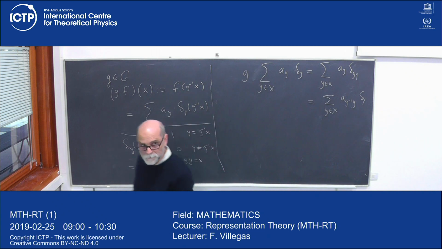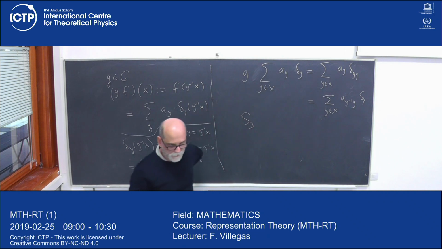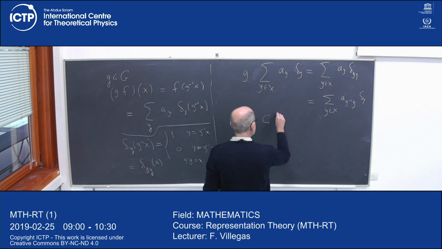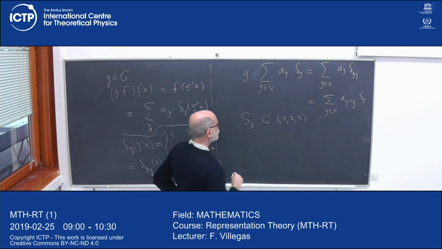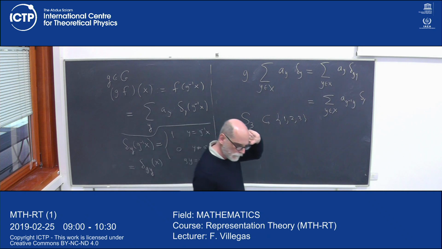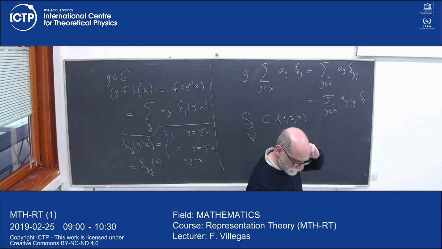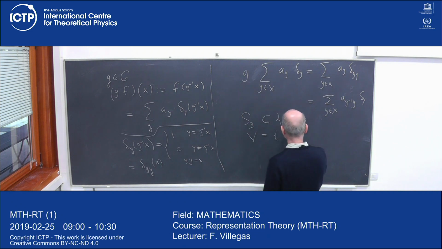So, for example, let me finish with this. Let's look at the group S3 of permutations of three things. It actually naturally acts on those three things. So out of this permutation representation, we get a linear representation of dimension 3. I can write this as the sum of a_i delta_i for i from 1 to 3.